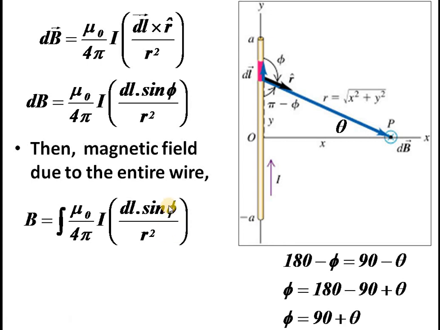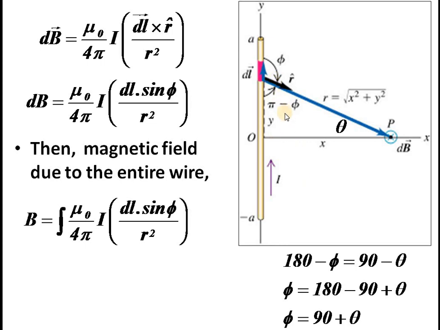And what we can do is, this sin phi we can re-evaluate in another way. We have this right angle triangle here. This is pi minus phi, and this is theta, and this is 90.